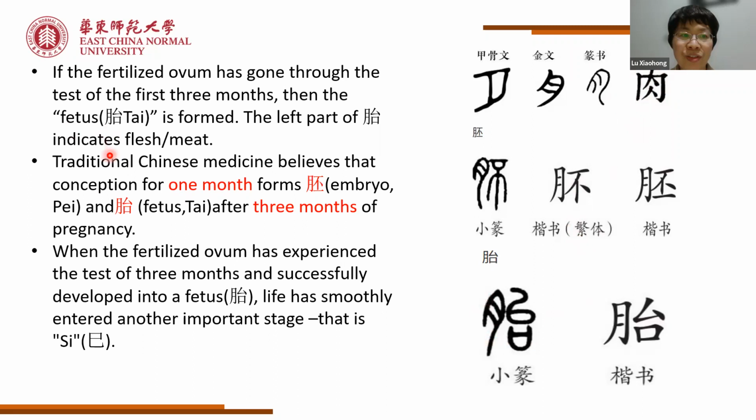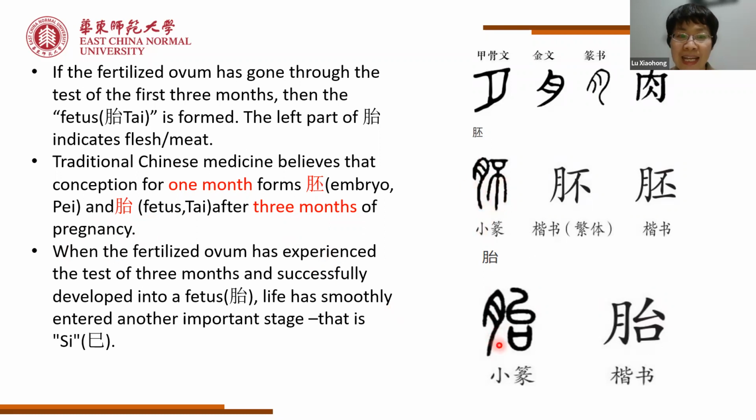Traditional Chinese medicine believes that conception for 1 month forms Pei, that's the embryo. And the Tai, that's after 3 months of pregnancy. So Pei is much younger, only 1 month, that's the embryo.